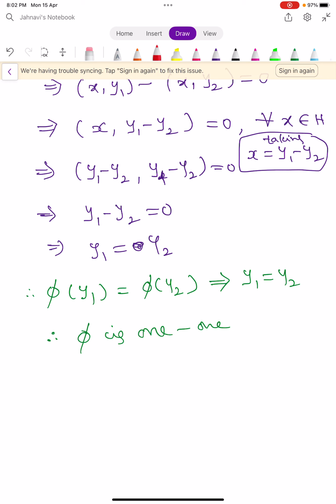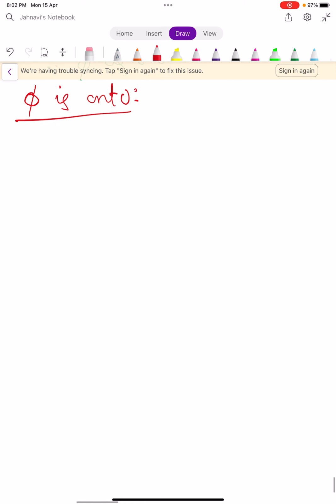Next we have to show that this pi is onto. Onto means every element of the codomain has at least one pre-image in the domain. Let us take f, an arbitrary functional in H star. H star is the conjugate space.